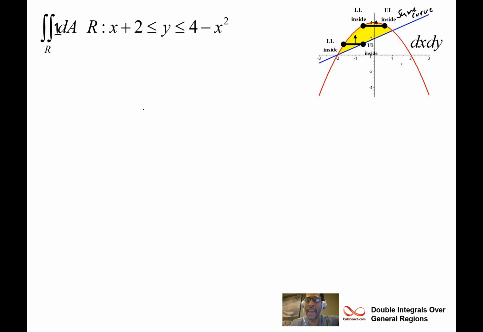And when you have that action happening, that means that you can't perform this integration. Whenever the upper limit and lower limit are the same, imagine the integral after integrating, then you plug in the same function, and so it doesn't work out. And so therefore we must switch to the other option, which is dydx.